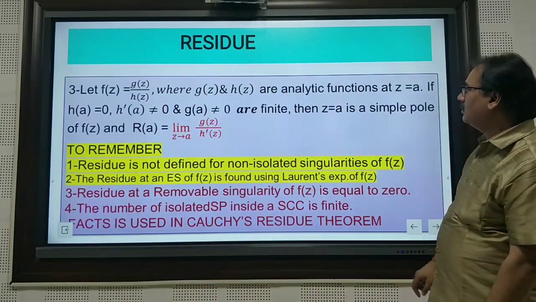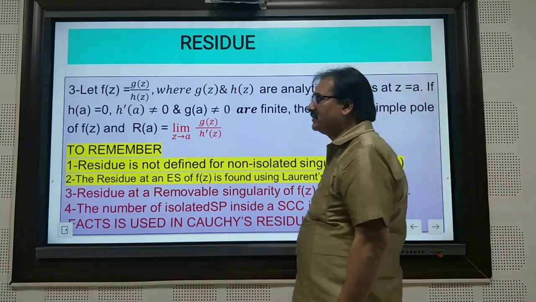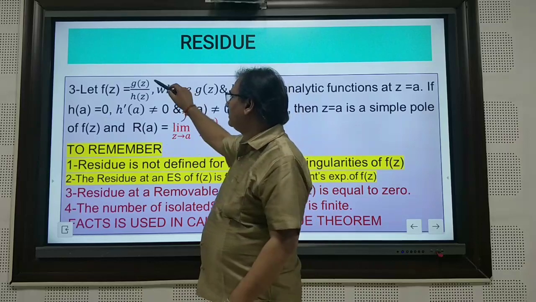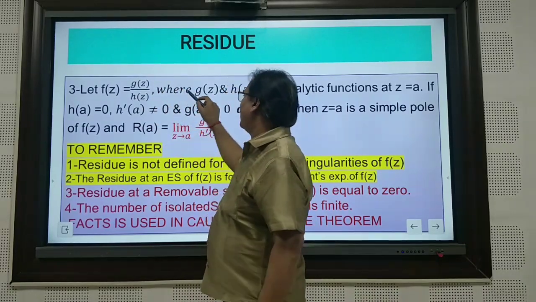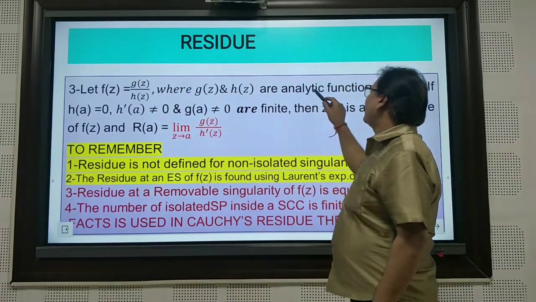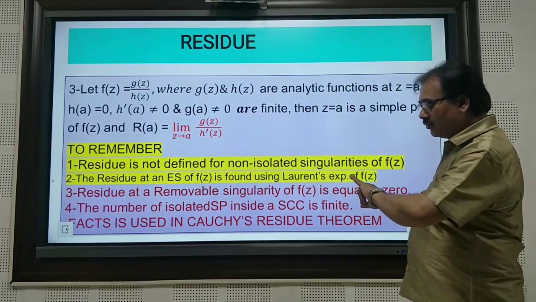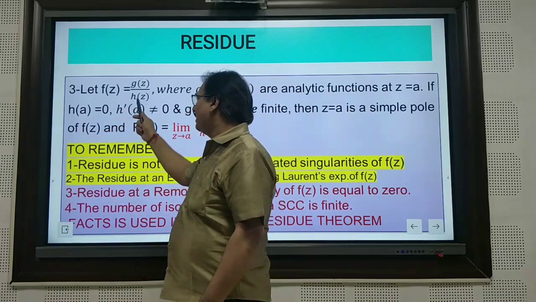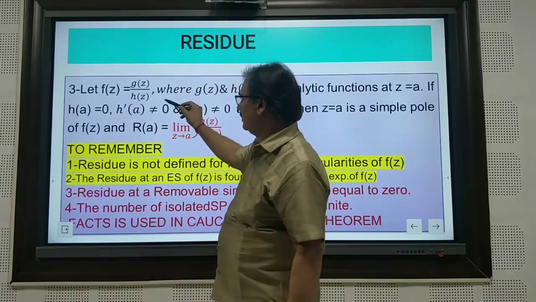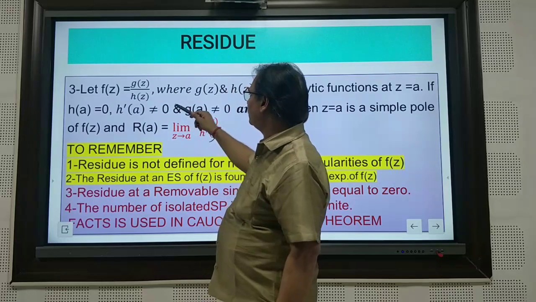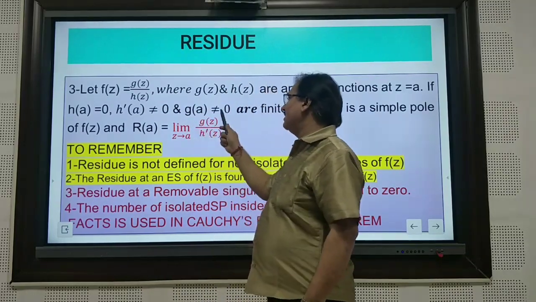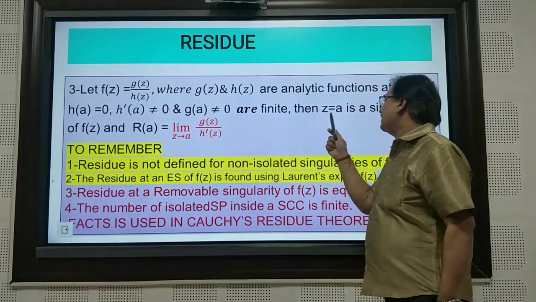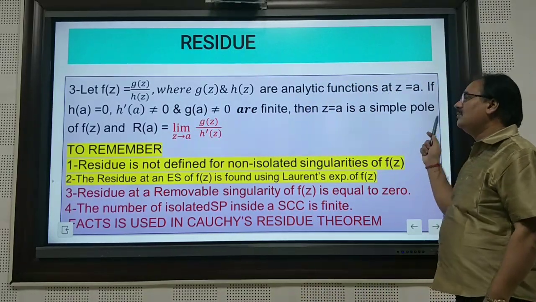Now, in this connection, if the given f(z) is of the type g(z) by h(z), where g(z) and h(z) are analytic functions at Z is equal to A, and h(A) is equal to 0 and h dash A is non-zero, mind it, its derivative is non-zero, and g(A) is non-zero and finite, then Z is equal to A is a simple pole.